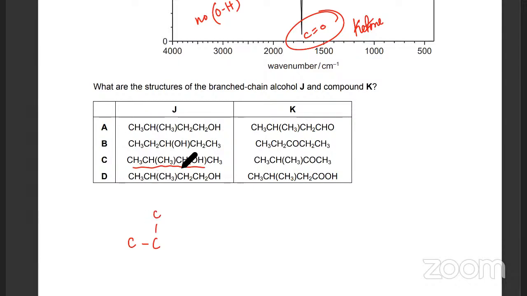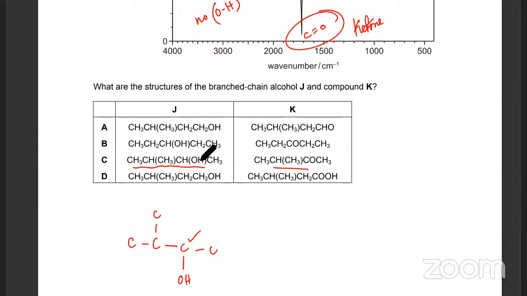And then you have another C, and you've got H and OH, and then another C. So this is a secondary alcohol, right? And that is also a ketone, right? Yes. So what's wrong with B then?